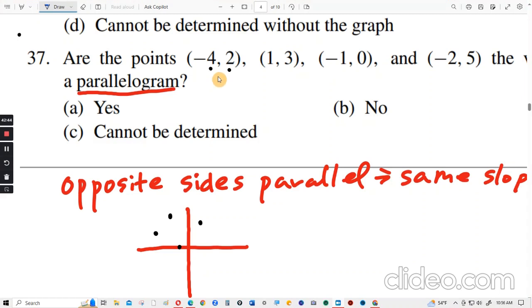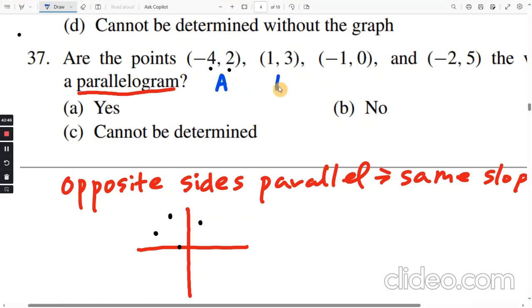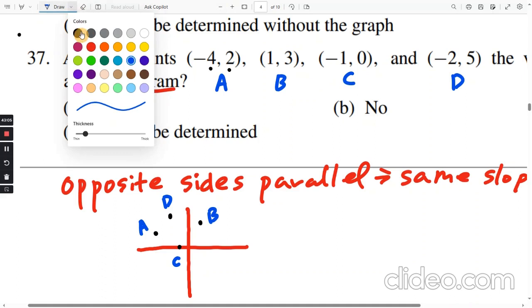And negative 2 comma 5, negative 2 and positive 5. Really, I should have labeled the points A, B, C, and D. So I can do that real quick. This one is A, and this one is B, and this one is C, and this one here is D. All right, so just a rough sketch.